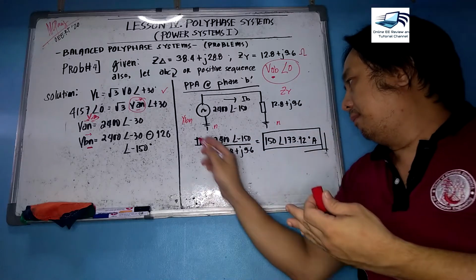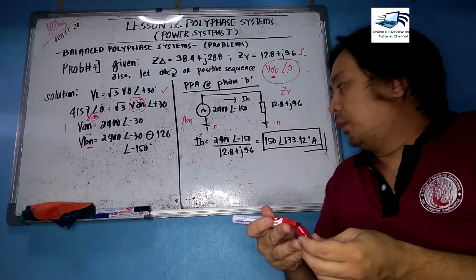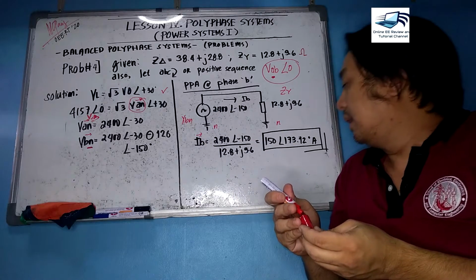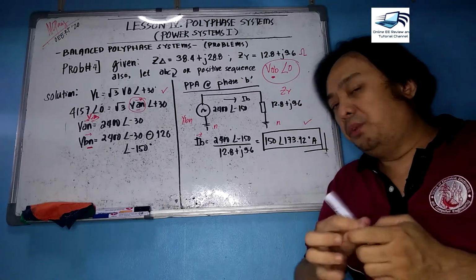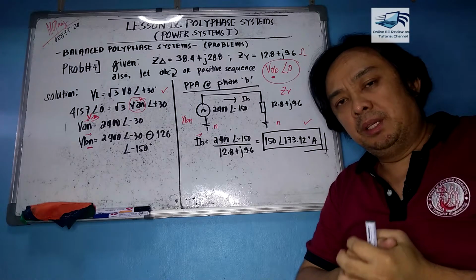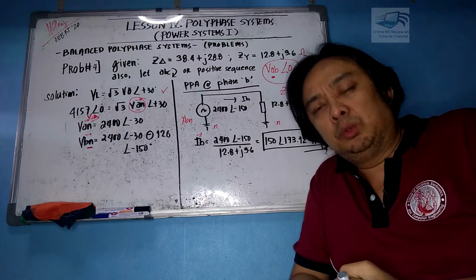Hence, again, by using a little bit of your circuits, Ohm's law, you have 2,400 divided by 12.8 plus J 9.6. The answer in polar form is 150 angle 173.12 degree amperes. So we will go forward to problem number 5.